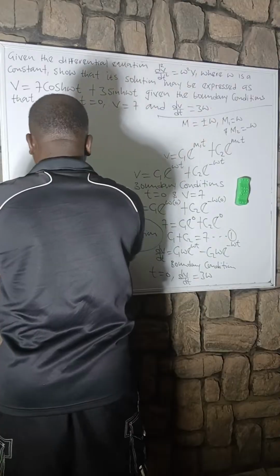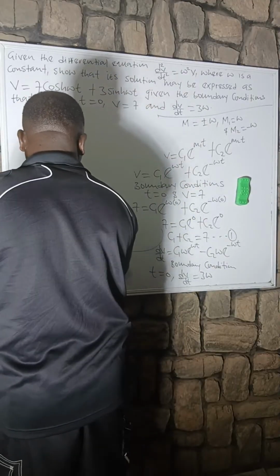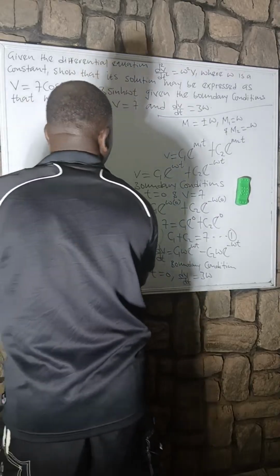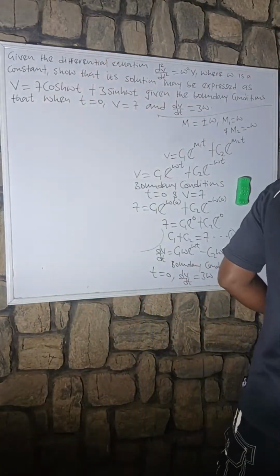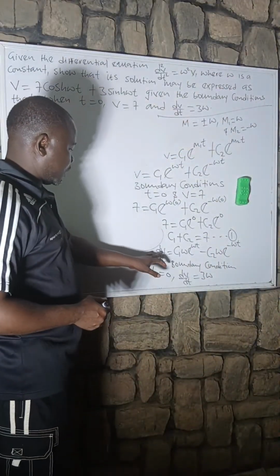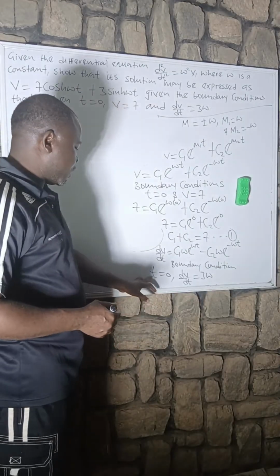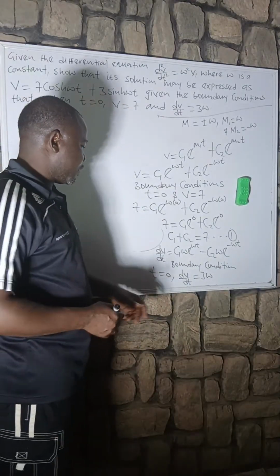It's simple as ABC. It's not difficult. So what we need to do here is substitute this. Instead of dv over dt, we write 3 omega. Instead of t, we write 0, right?